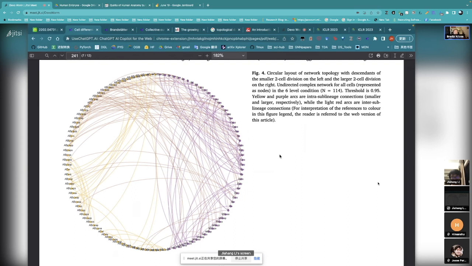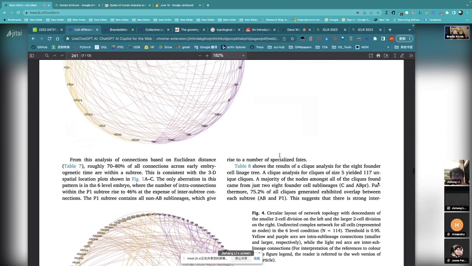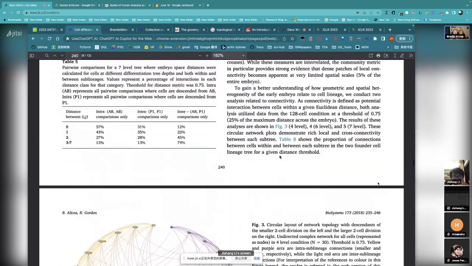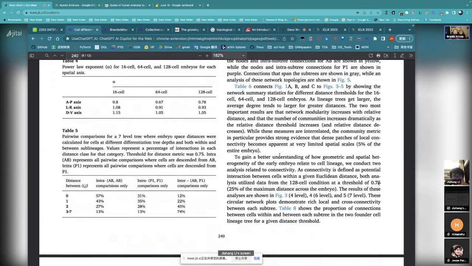If your criterion is a very small circle around each cell, there are a number of connections there, and usually the cells that are close together will cluster into modules, and those that aren't, won't. Usually those correspond to these sublineages in the C. elegans lineage tree.